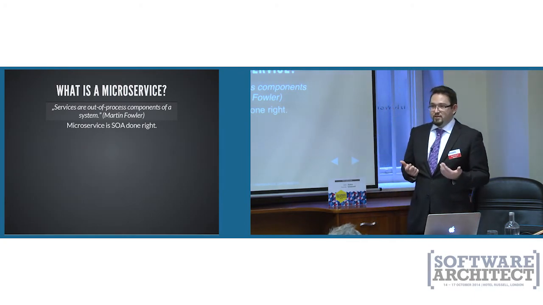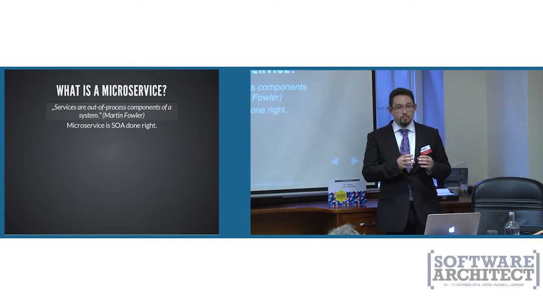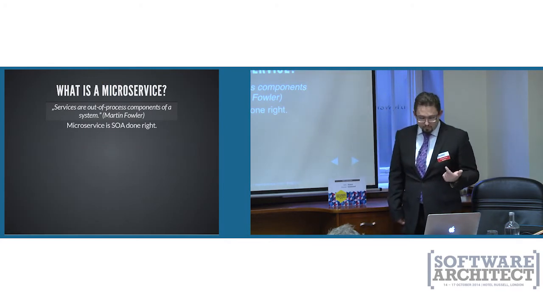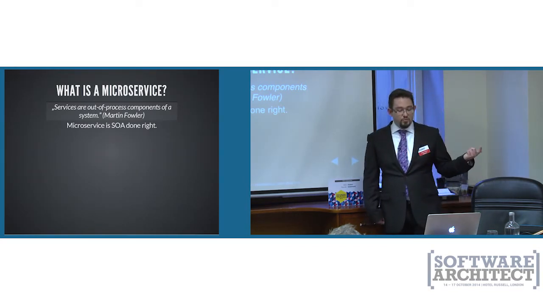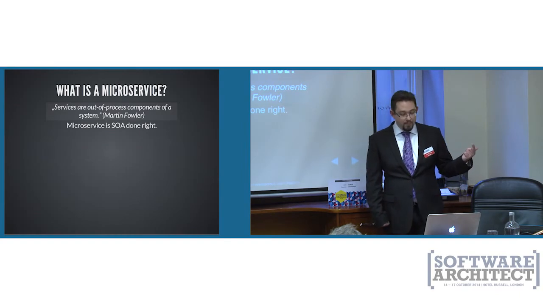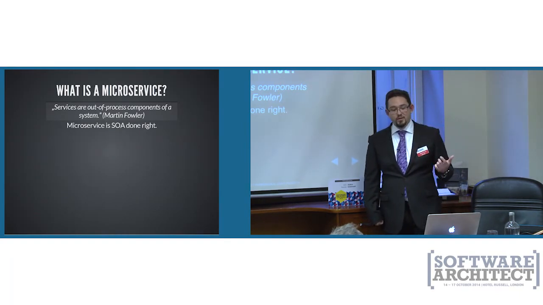Classically, this means you have different runtimes running in the system, and these runtimes communicate with each other. According to Martin Fowler, services are out-of-process components of the system. And microservices try to do this in the right way.